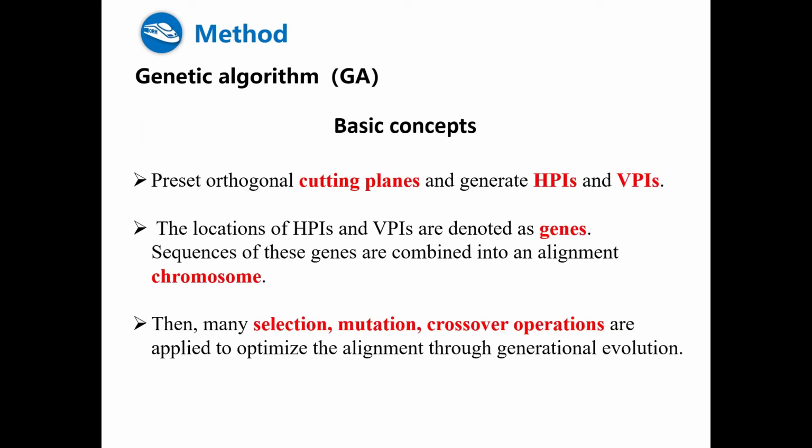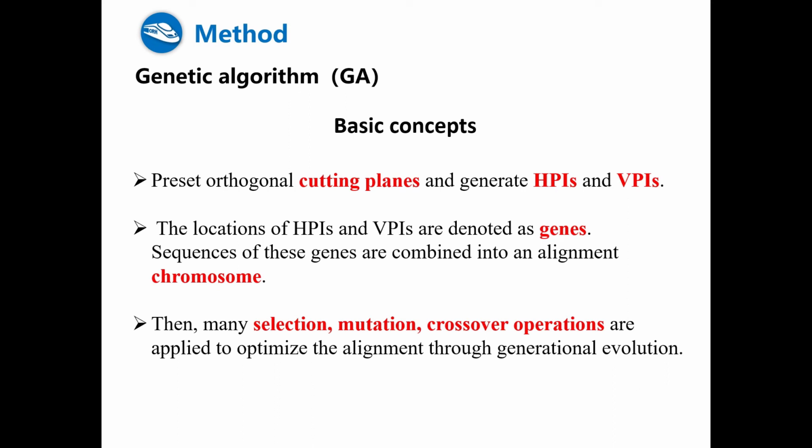Here comes our improved genetic algorithm. Some basic concepts are that the cutting planes are used to generate horizontal points of intersection and vertical points of intersection, both for the initialization and optimization processes of the GA. The locations of HPIs and VPIs are denoted as genes.